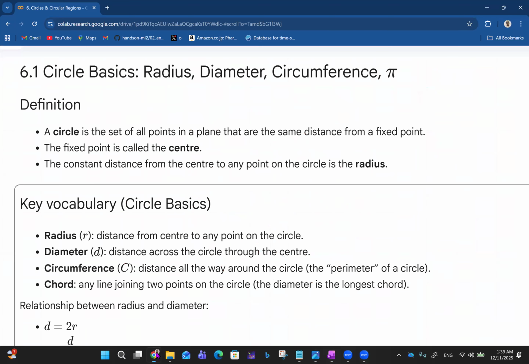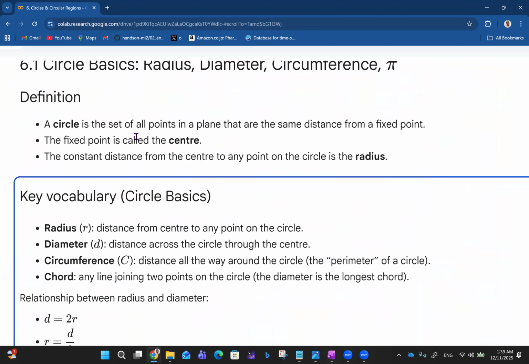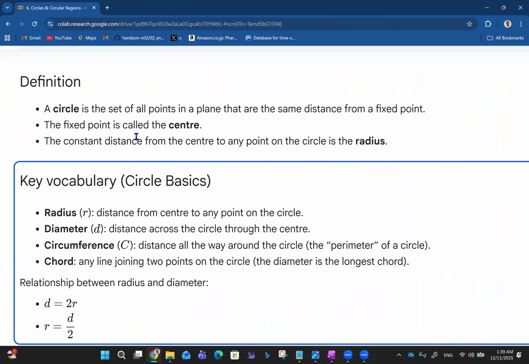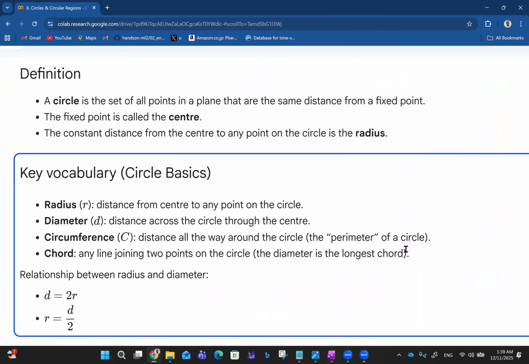Like you have here, a circle is the set of all points in a plane that are the same distance, that's what I mean by equidistant, from a fixed point. The fixed point is called the center.